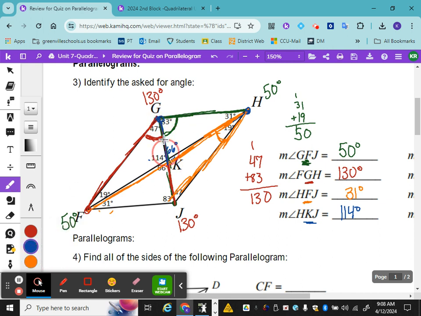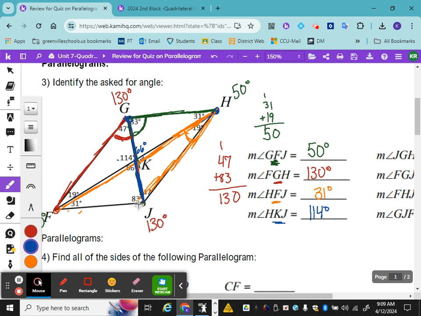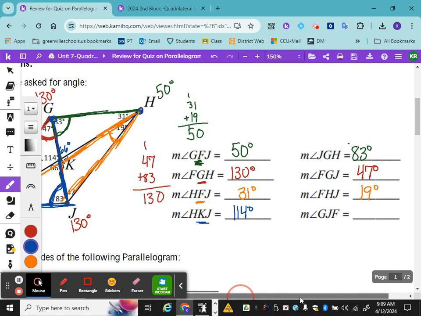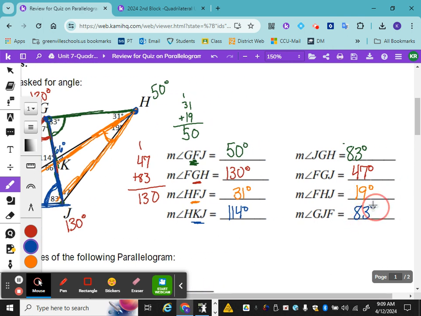G to J, right, to F. Connect those lines. 83. Hopefully that helps you identify where your angles are, what each angle is talking about. It's closest to the vertex. Draw it and connect your two lines, because in between your two lines is the angle.